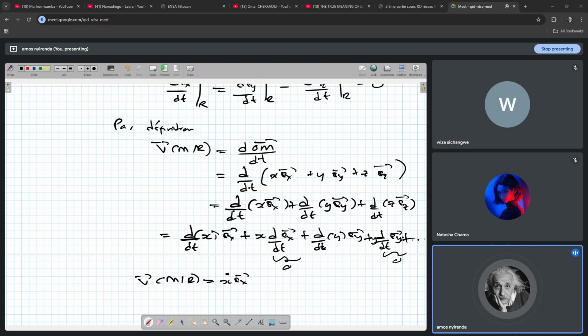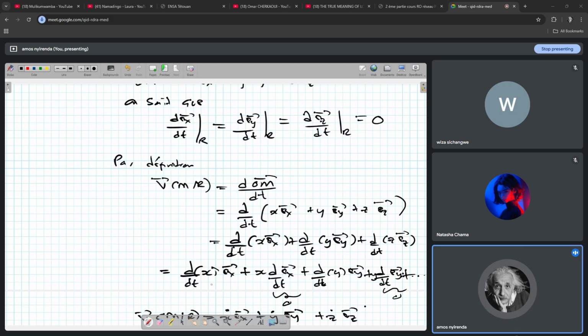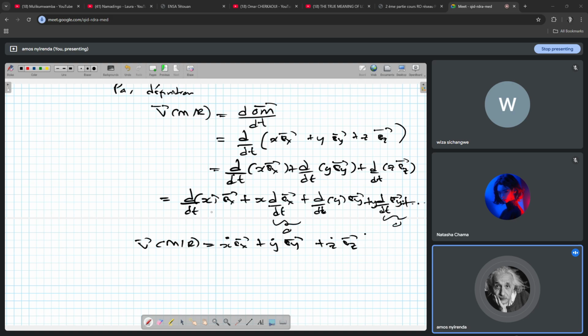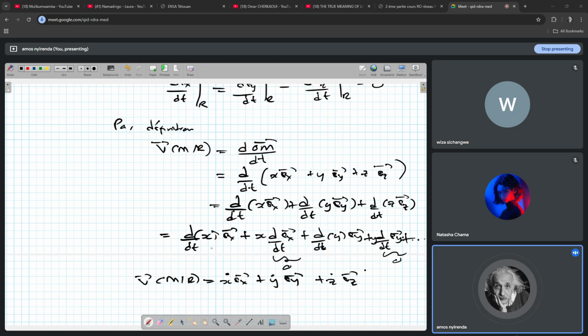And to indicate that we are differentiating with respect to time, we put a point on top, x point ex, plus y point ey, and then z point ez. So this is the vector vitesse in the Cartesian coordinate system. This is how we write the vector of vitesse in the Cartesian coordinate system.